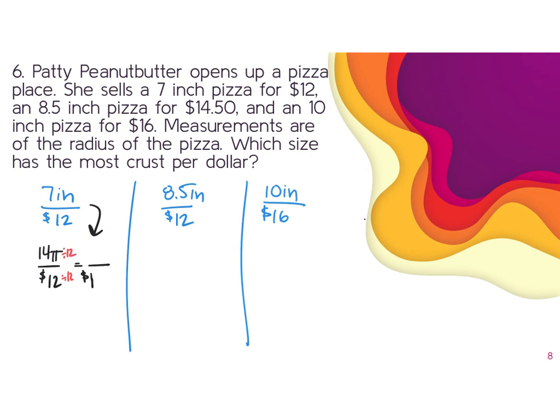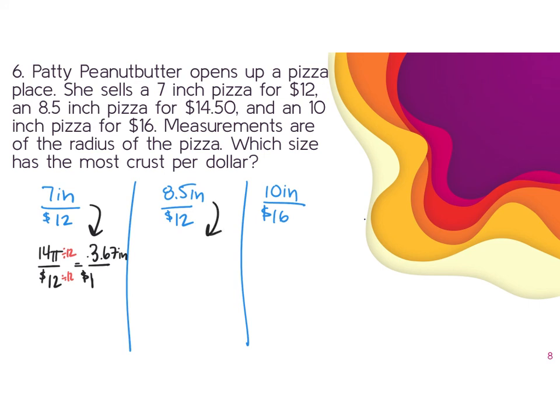So 14 pi divided by 12 gives us 3.67 inches per $1.